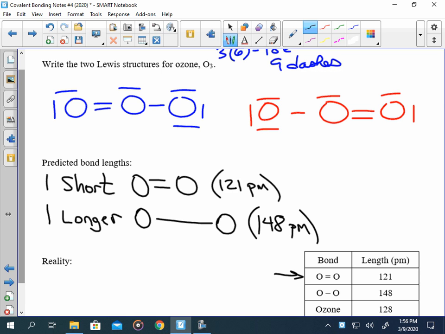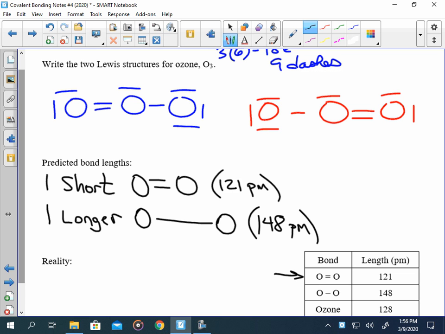We get the new instrument. We send you in to run the analysis of the bond lengths of ozone. You come back, and I say, oh, good. One long, one short, right? No, it didn't. Okay. Well, which kind of bond was it?